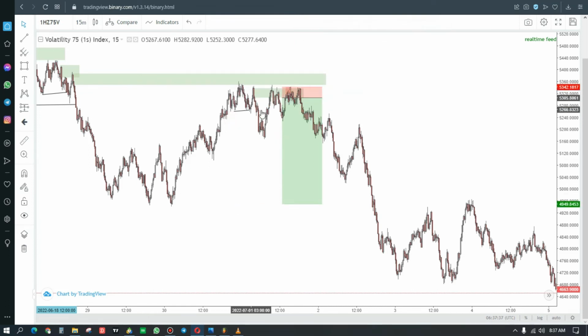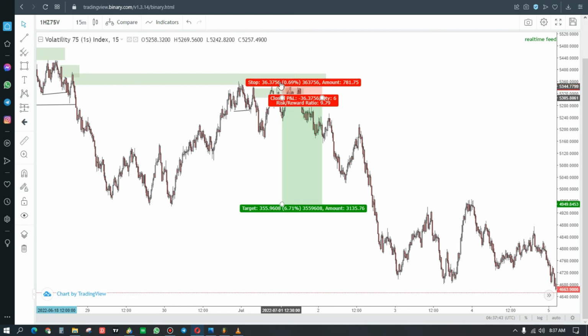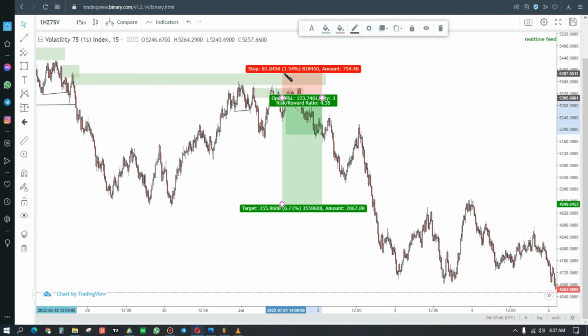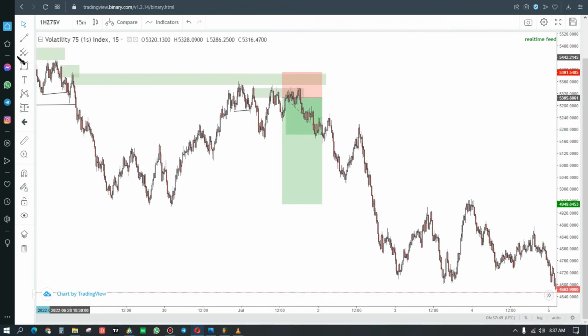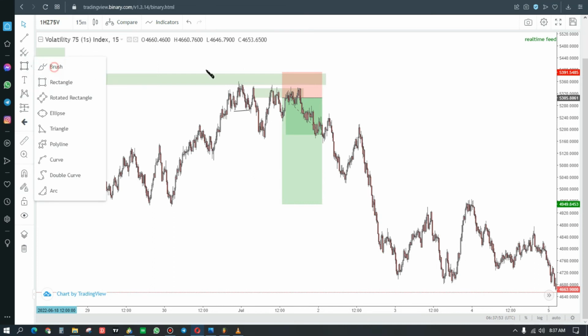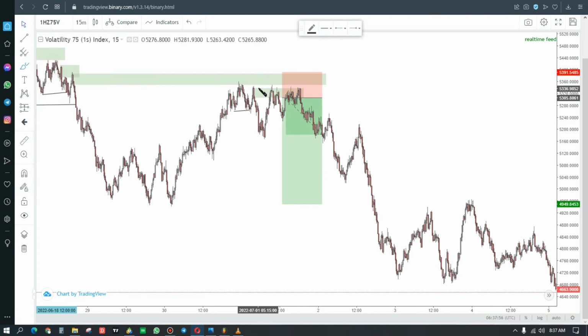But if you were involved in this trade and wanted to enter on this second entry, which would be here, why don't you give yourself some space, trying to anticipate that the market can move again and mitigate probably the 50% of this move and then drop. Okay, so it's simple like that.